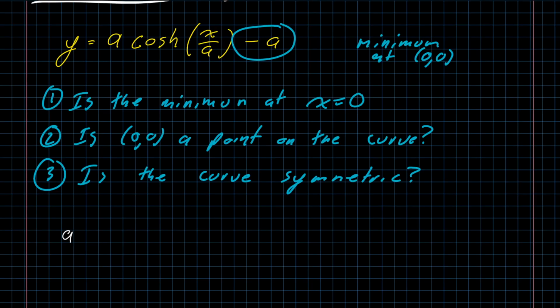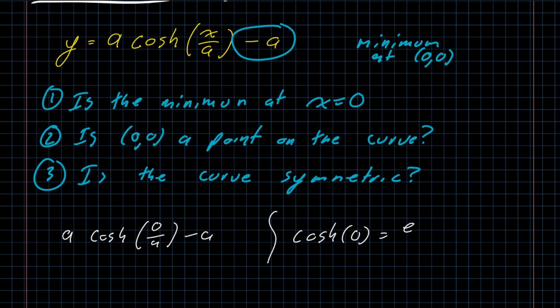Well, if we take a times the cosh of 0 over a, minus a. If we know what cosh of 0 is, this is fairly easy. I might break off to the side and simply look at cosh of 0.